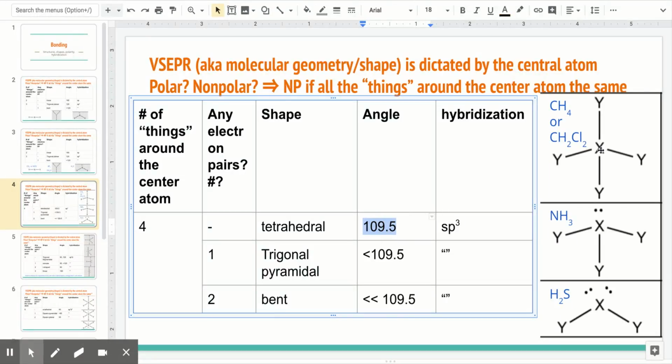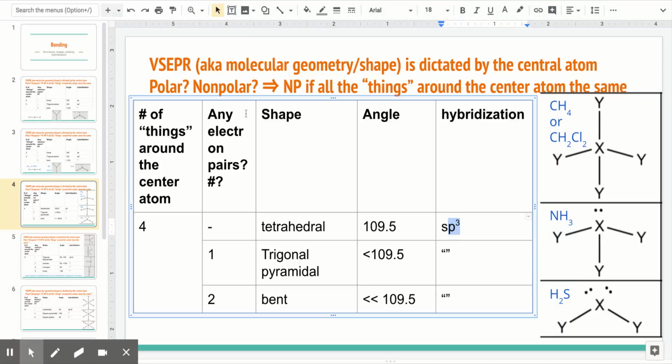So remember, this isn't flat. It's a 3D shape. So that's why it's not like 90 degrees, because it's not flat. Parts of these are coming out at you and going back. That's why in this drawing they're a little bit angled to try and depict that. Okay. And again, for the hybridization, if we need 4 things, I now need 4 orbitals. So 1 s, 3 p's. That would give us 4.